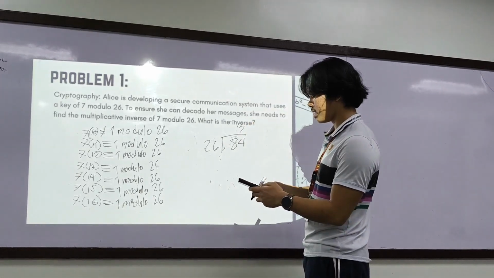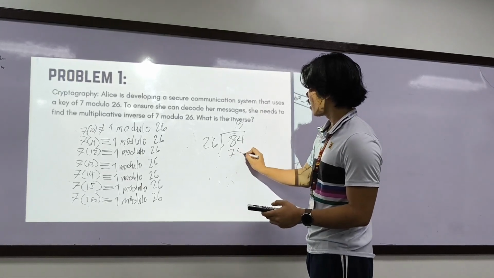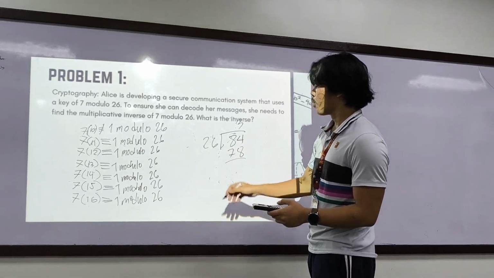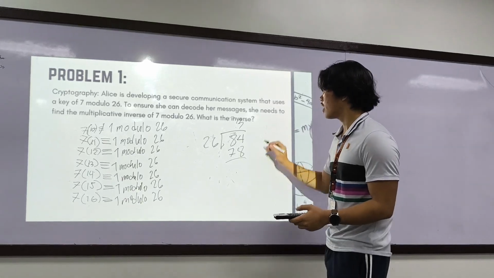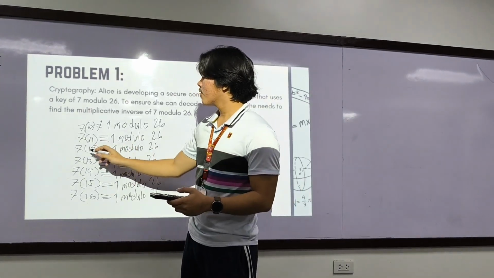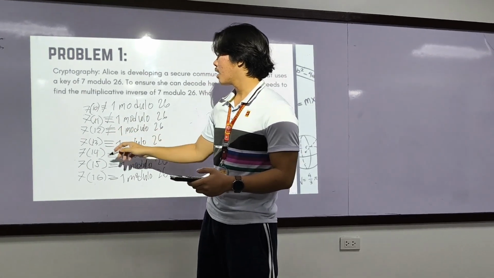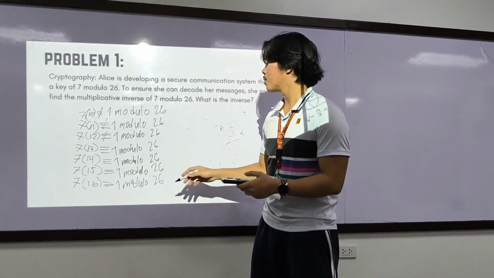So 3 times 26 is 78, and still we will not get a remainder of 1. So let's move on, and let's conclude that 7 times 12 is not congruent to 1. So it is not an inverse of 7 modulo 26.